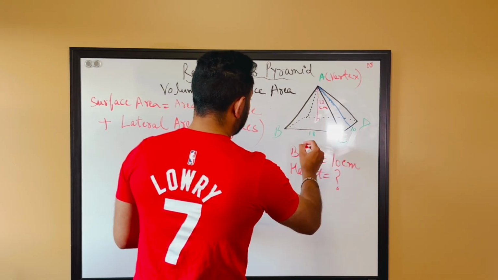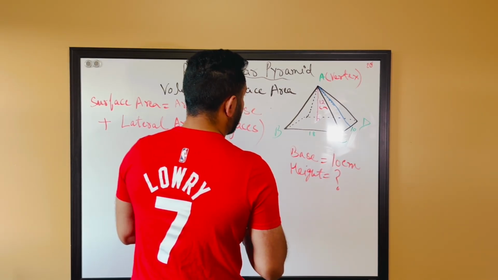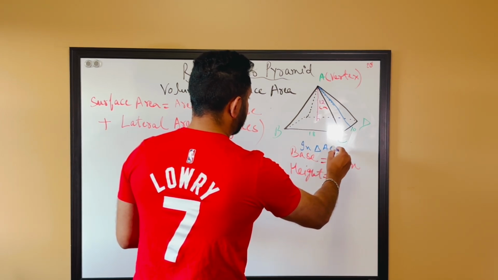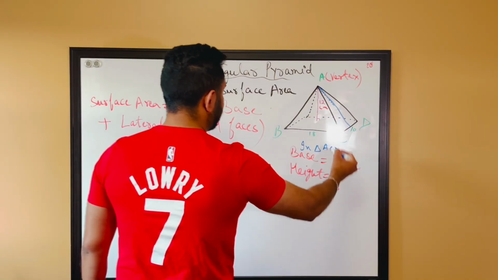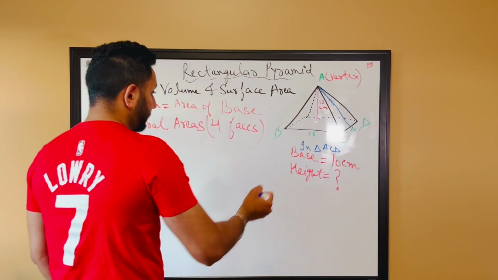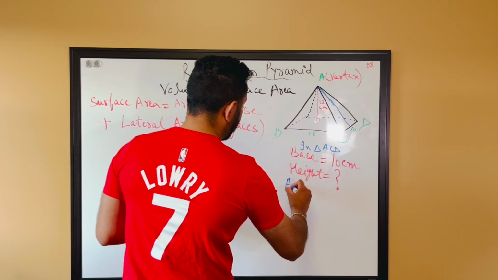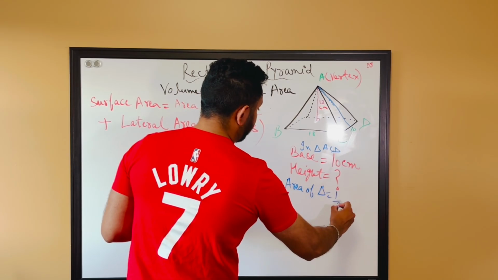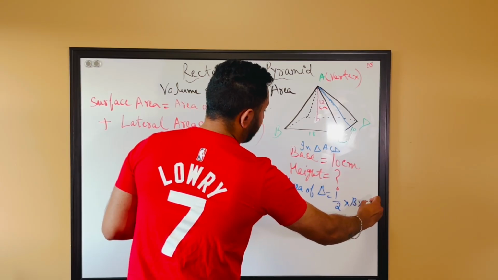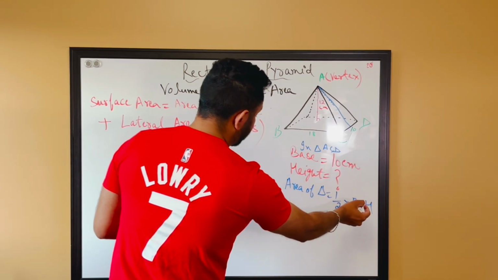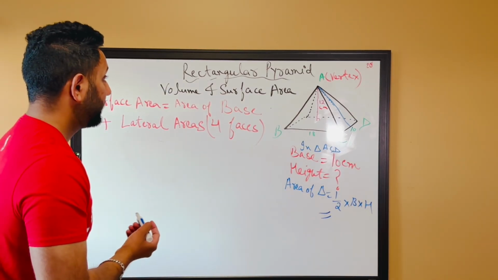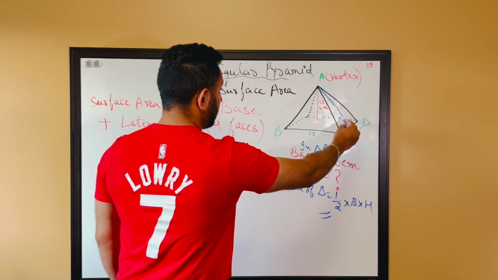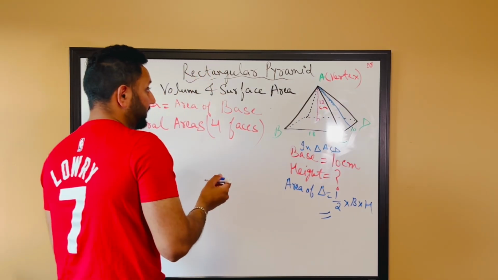The formula for area of triangle is half base into height. So we got the base, but we need to find the height. So how are we gonna find this height, which is also a slant height?